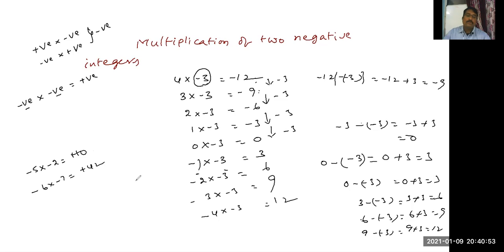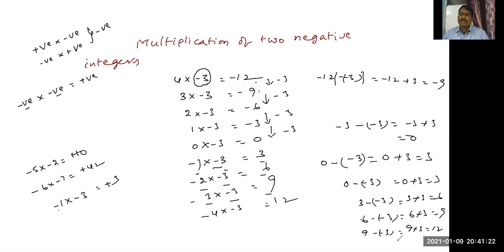We have also observed that minus 1 into minus 3 is plus 3, minus 2 into minus 3 is plus 6, minus 3 into minus 3 is plus 9. Here it is a pattern. From the pattern we observe that when we multiply two negative numbers together, we get a positive number.